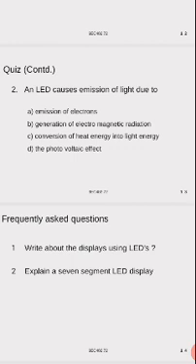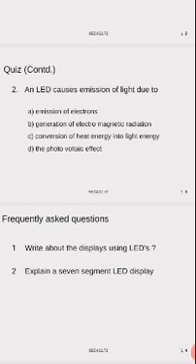Explain a 7-segment display, LED display. Or a question can be asked like this also: show 5 into 7 dot matrix using LEDs. Such questions can be asked.